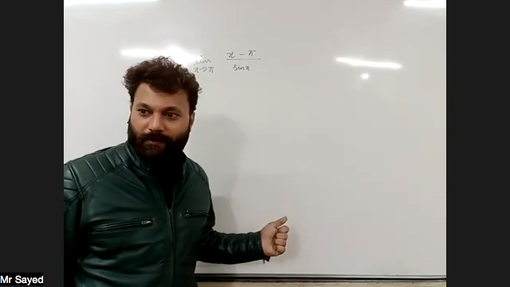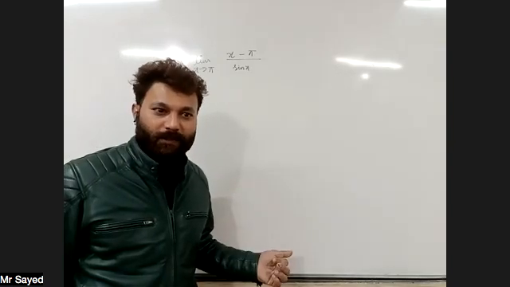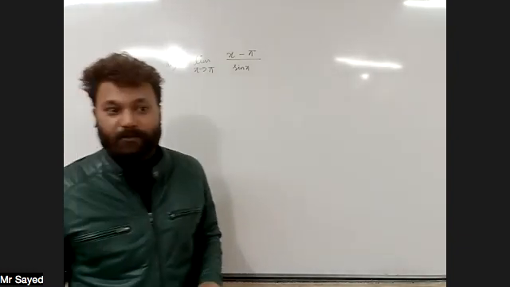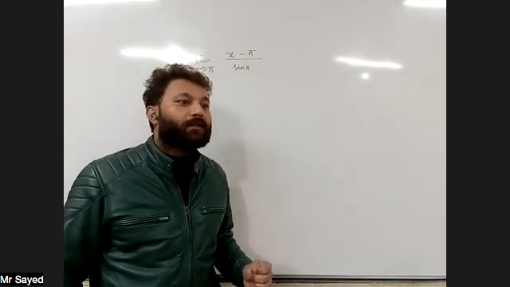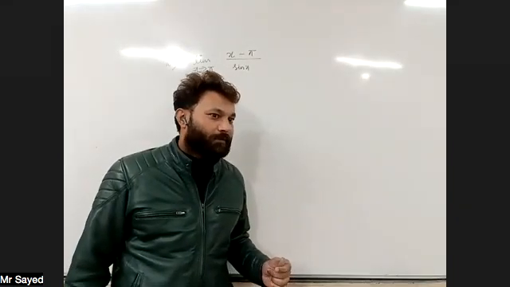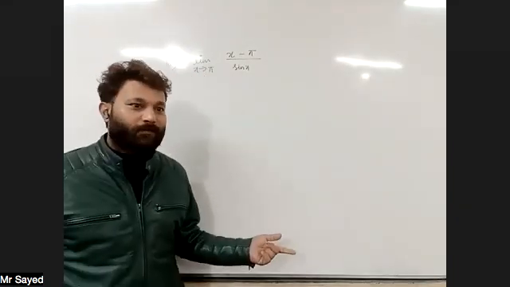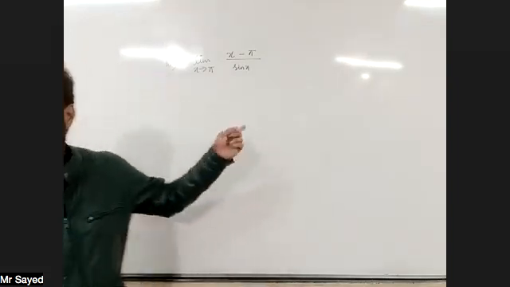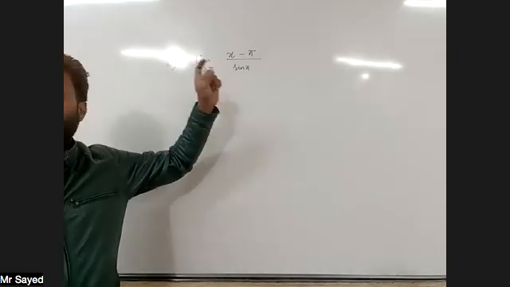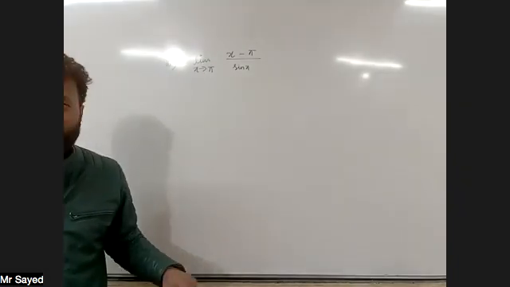Can we use those results, sin theta upon theta or cos theta upon theta? If not, why? Because x is not tending to 0. We can use these results only if x tends to 0. The variable should tend to 0. It is not tending to 0, it is tending to pi. So those standard results cannot be used directly.